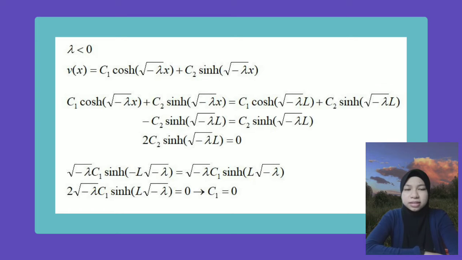We use case 3. V(x) equals C1 cosh square root of negative lambda x plus C2 sinh square root of negative lambda x.